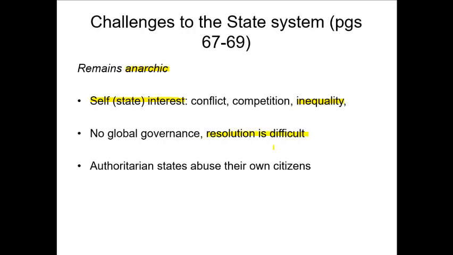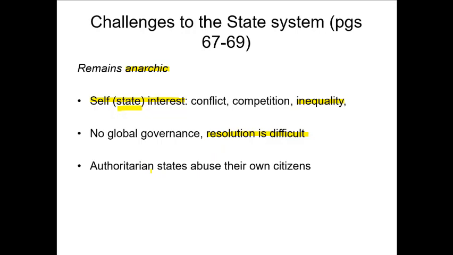Even though we have world courts that are trying to get states to come together and resolve their differences through international law, that's still very difficult because the states can still decide whether or not they want to abide by that international decision. And if they decide that they don't want to abide by it, then it's effectively useless.